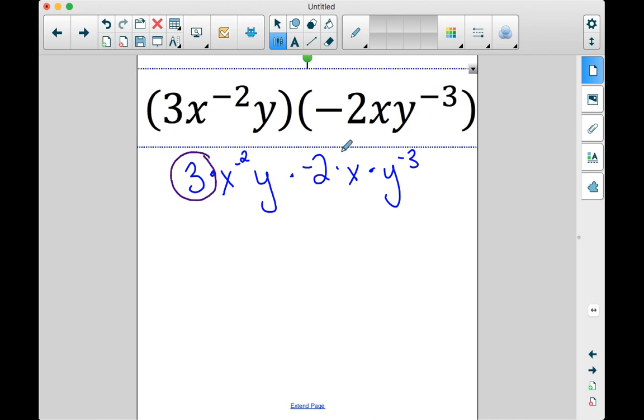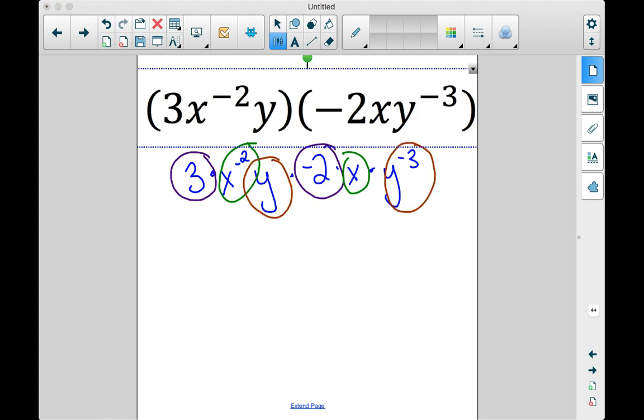I have a 3 and a negative 2. They're like terms because they're both coefficients. They don't have any variables with them. And then my other like terms include x to the negative 2 and x. And then my other like terms include y and y to the negative 3.